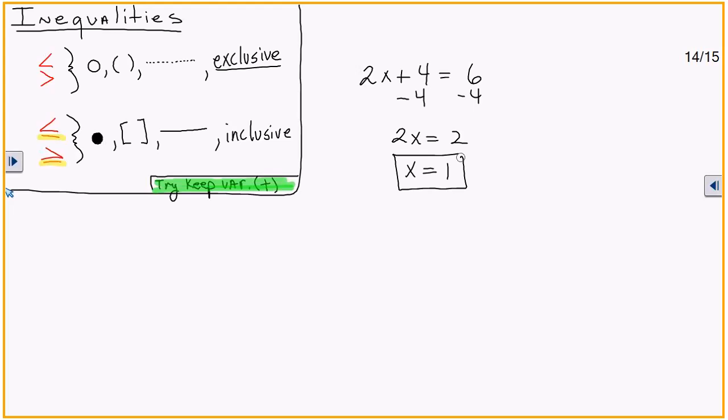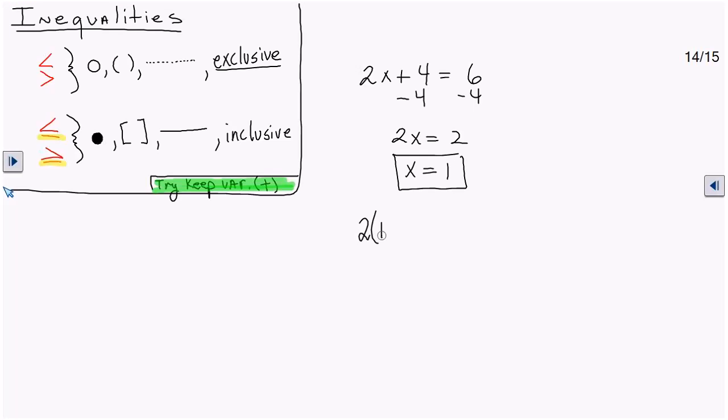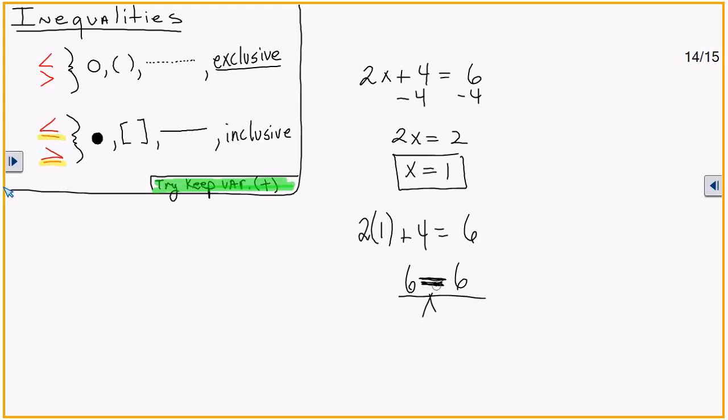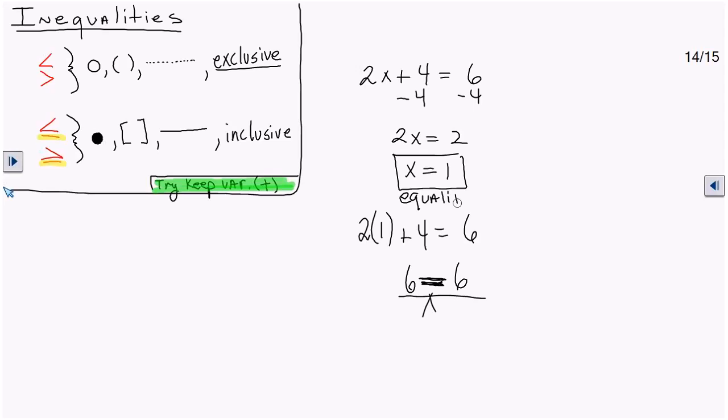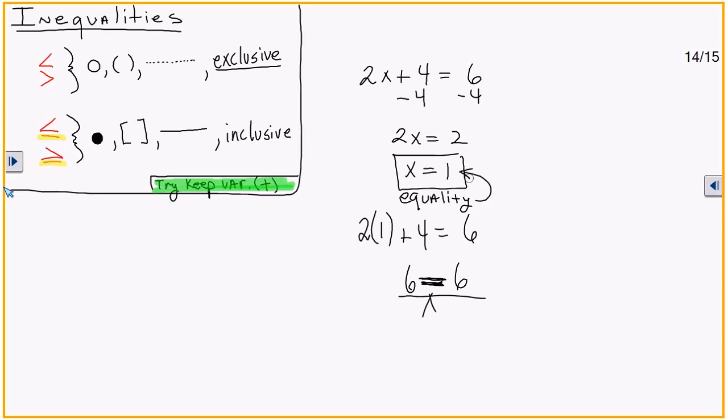What does that mean? That's the only number in the world that will plug back into the problem and get a true statement. That's why it's called equal. That's why it's called an equation. This is an equality. Meaning that this is the only number that will work. You cannot plug in a 5.